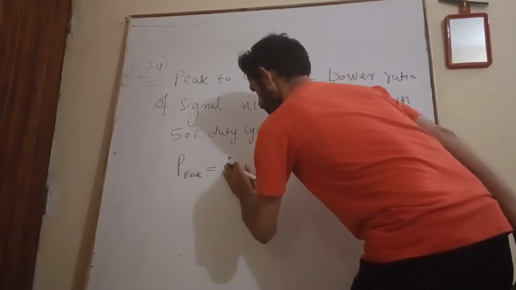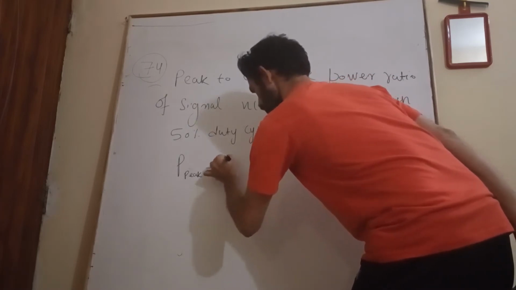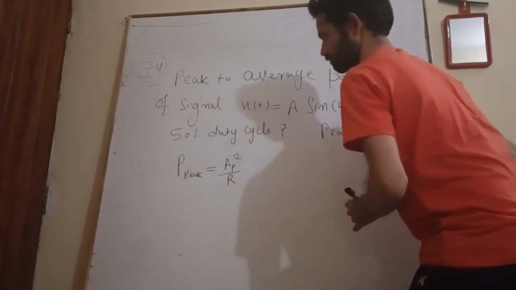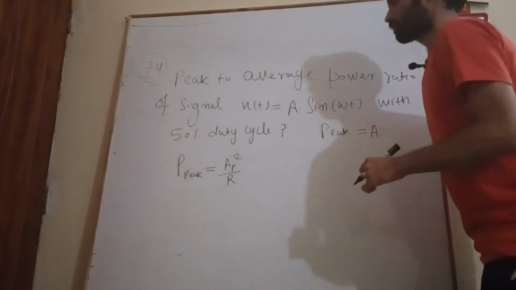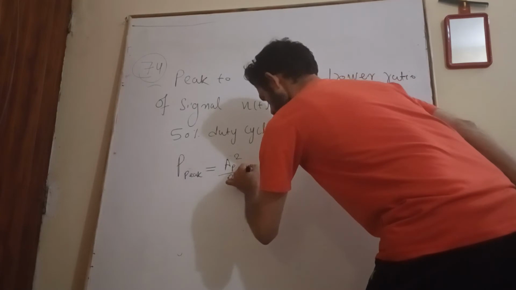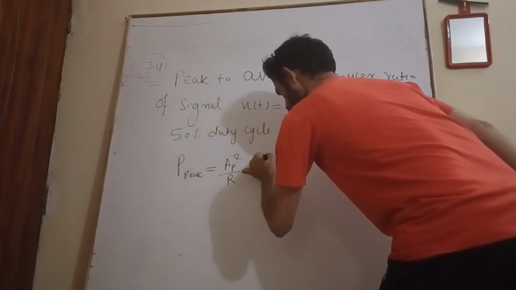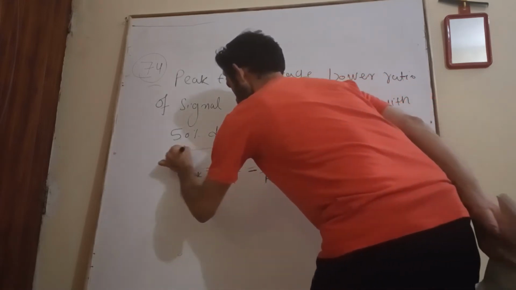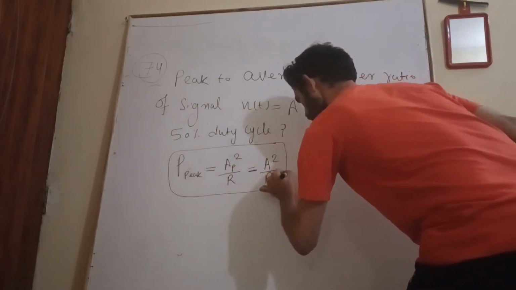Peak power is nothing but peak amplitude squared divided by R, so A square by R. This is my peak power.